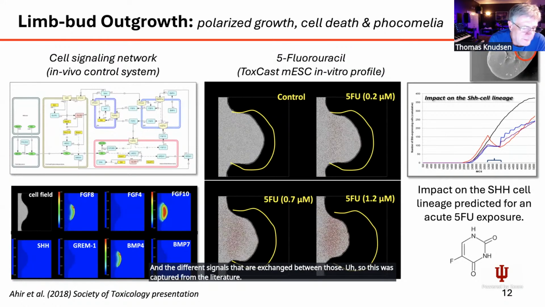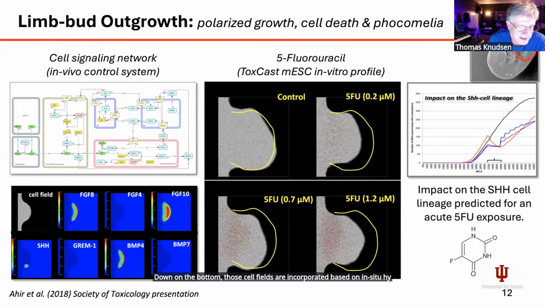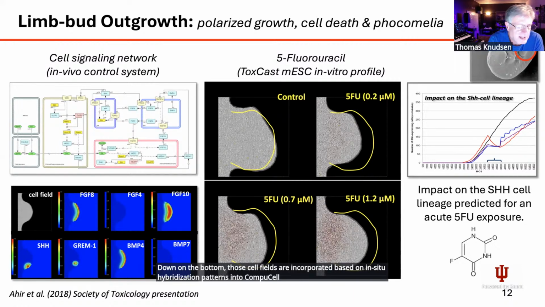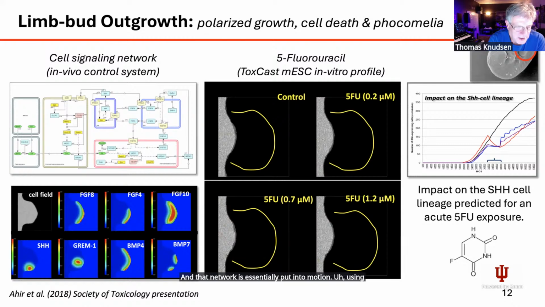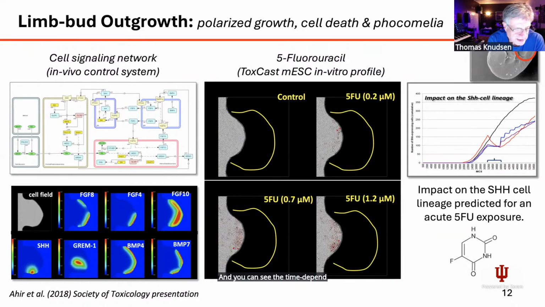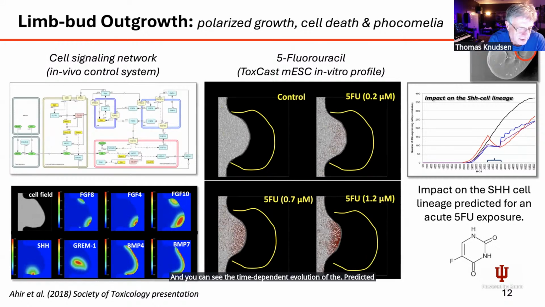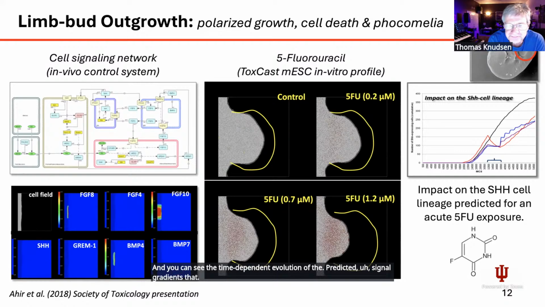Down on the bottom, those cell fields are incorporated based on in situ hybridization patterns into CompuCell3D, and that network is essentially put into motion using CompuCell3D, and you can see the time-dependent evolution of the predicted signal gradients that are expressed in the limb.